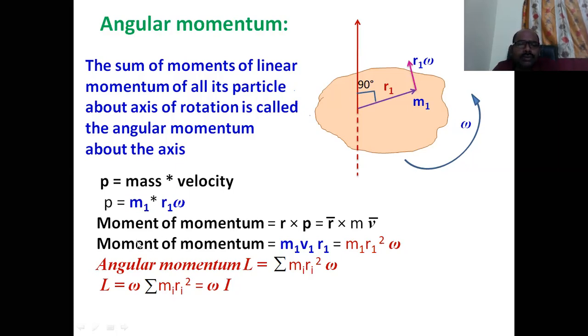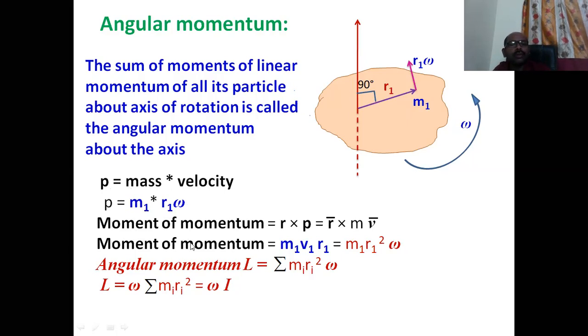Now the linear momentum is equal to mass into velocity, a simple product. So p is equal to m1 into r1 omega. The linear momentum of a particle of mass m1 is p is equal to m1 r1 omega.